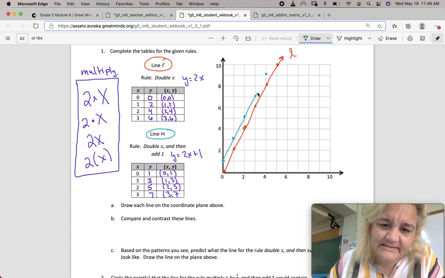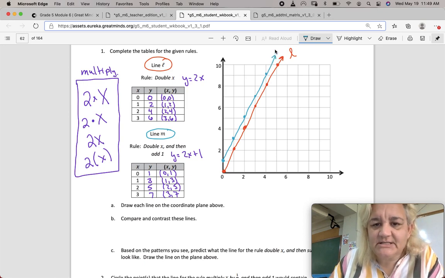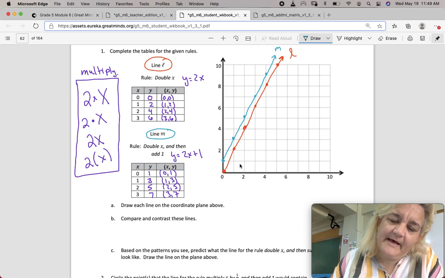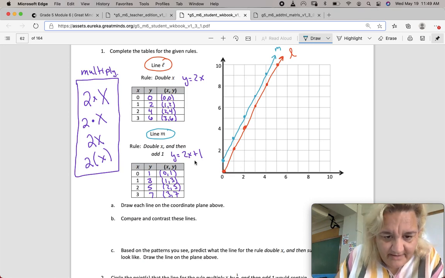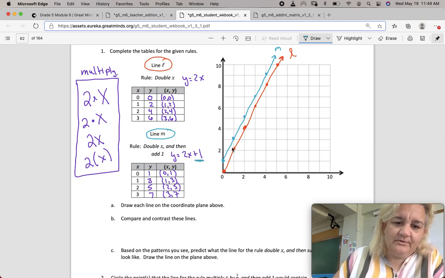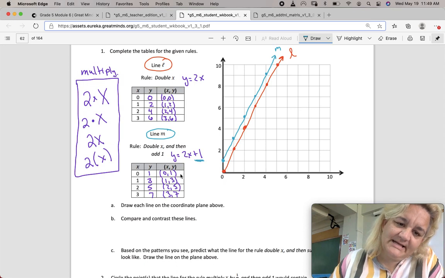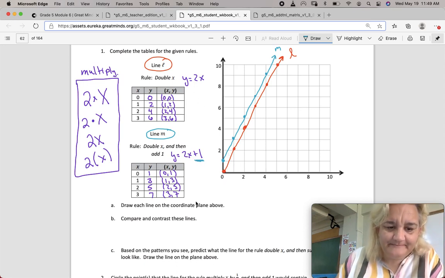But you're saying to me, Miss Luer, you just told us yesterday that multiplication creates angled lines and that addition creates parallel lines. But look what we have here. We have addition on the end, okay? So this line and this line are identical. We've just added one. So in fact, it's still parallel.